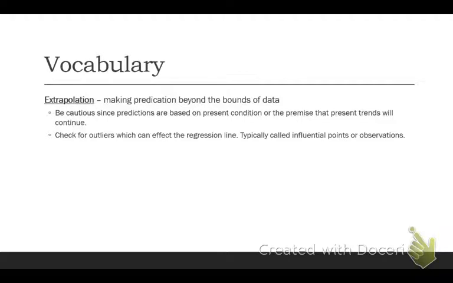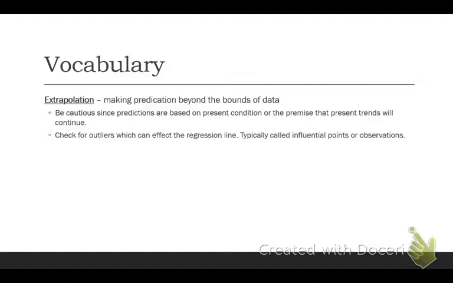When we were looking at our absences and our grades, the term that we would use for predicting within our data is a point prediction. That point prediction is within our points. But beyond our data, we would call that extrapolation. Okay, so that is beyond any of our points.